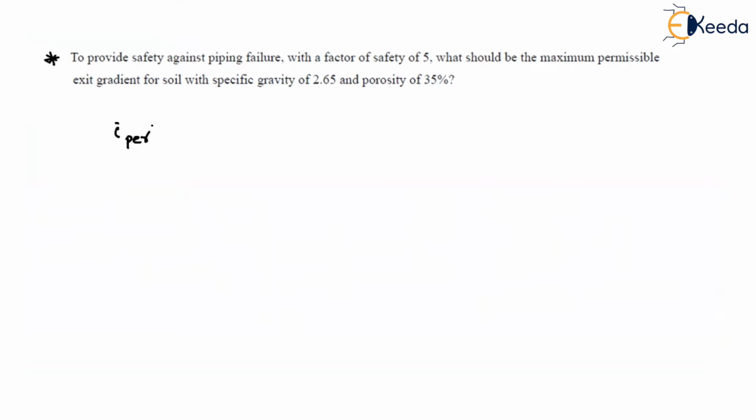So how can I find out the i permissible? That is nothing but critical hydraulic gradient divided by factor of safety. Factor of safety is given as 5. Then how about the critical gradient? They are given specific gravity and porosity.